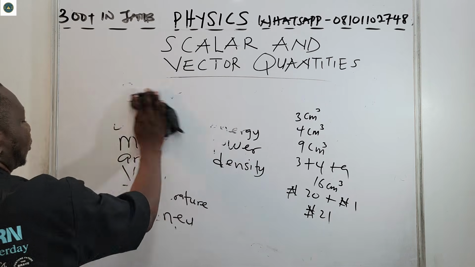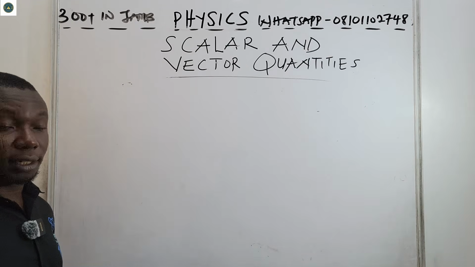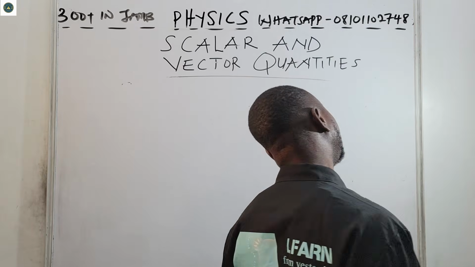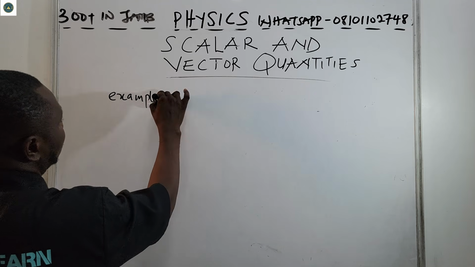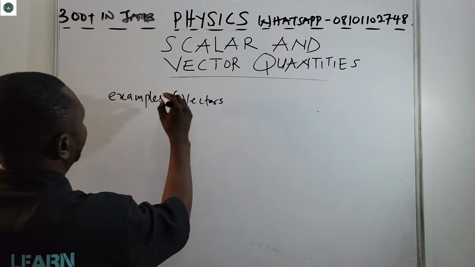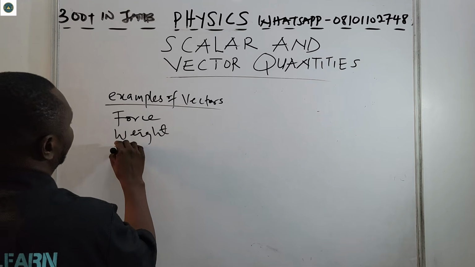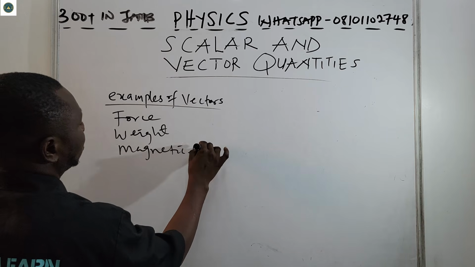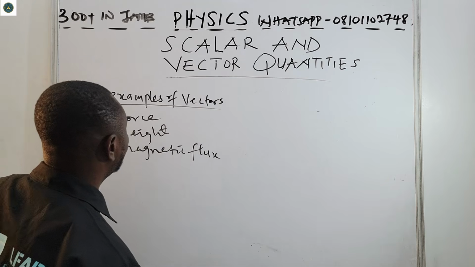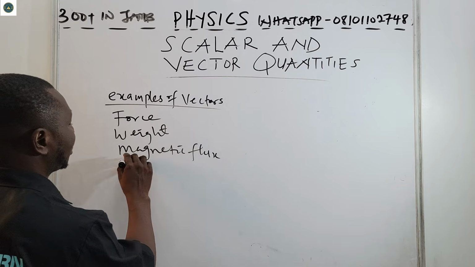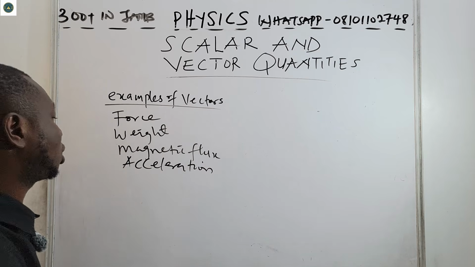All right, now let's see vector quantities. Vector quantities have magnitude and direction. Examples of vectors: force, weight, and magnetic flux, which is established in a magnetic circuit. Then you have acceleration, which is a vector quantity.